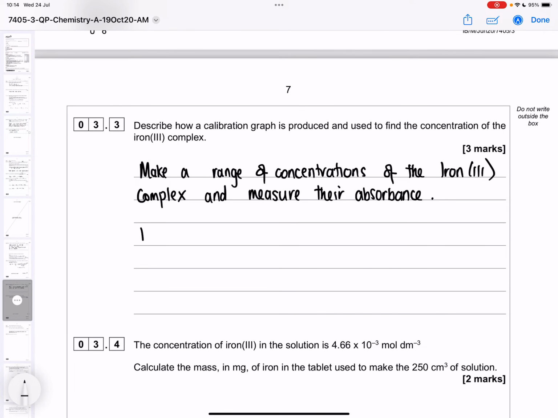Then we're going to plot a graph of absorbance against the concentration.